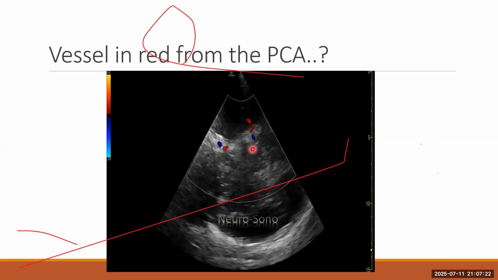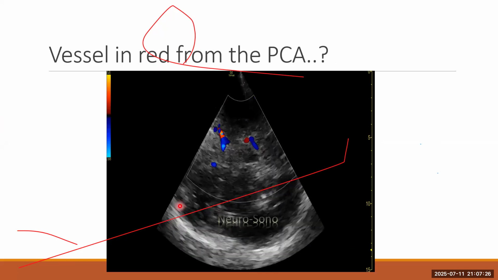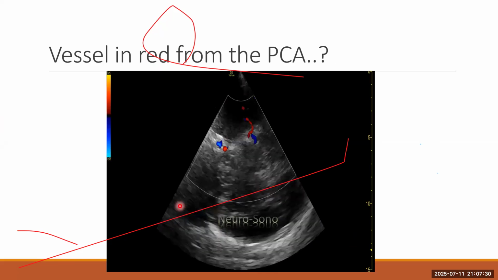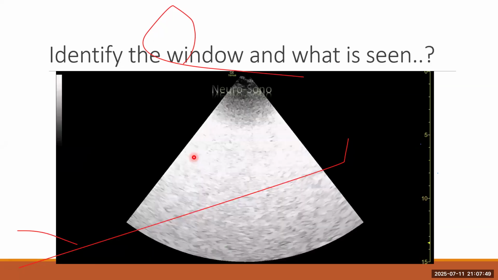This is the PCA. Can we identify this vessel which sort of mimics MCA? Any comments about this? Anyone else? Choroidal vessels. Yes, so possibly choroidal vessels. Why I'm putting this up very frequently is because this can be mistaken for MCA.